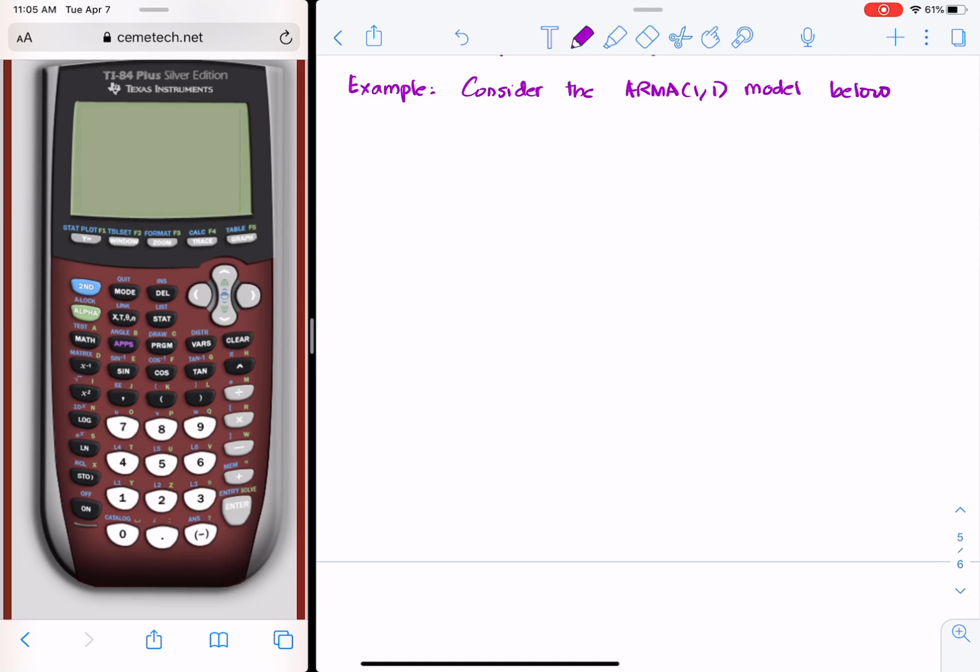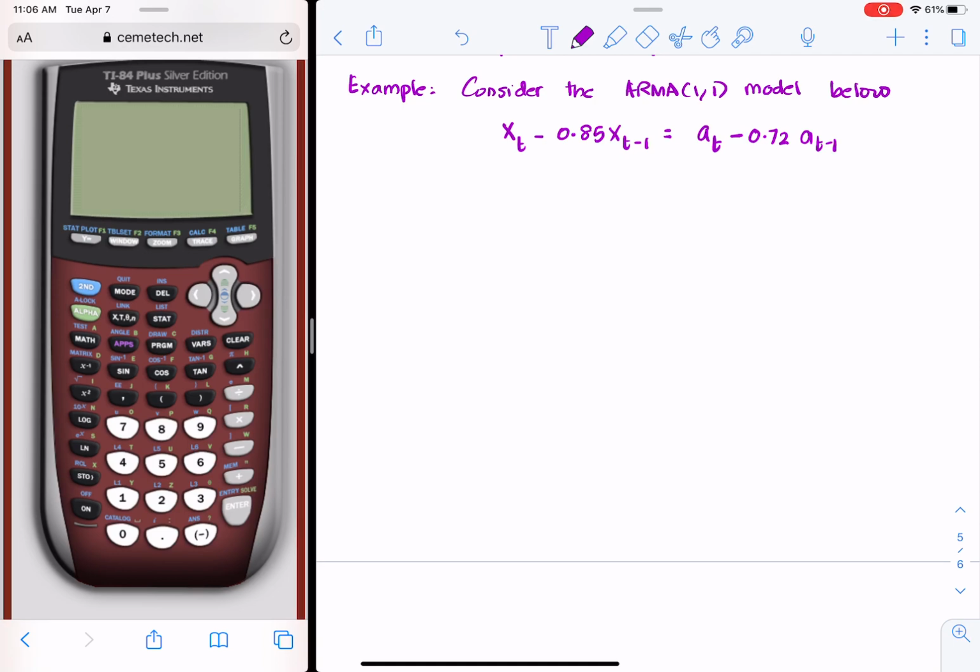So let us consider an ARMA 1-1 model, and let's say xt minus 0.85 xt minus 1 equals a sub t minus 0.72 a sub t minus 1.